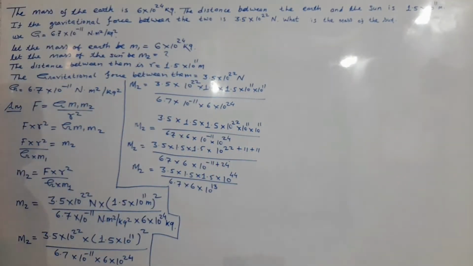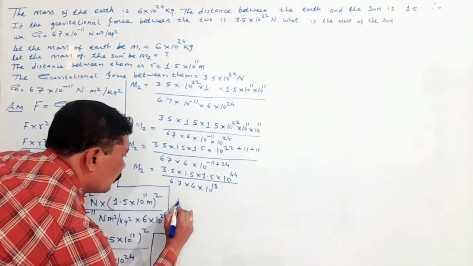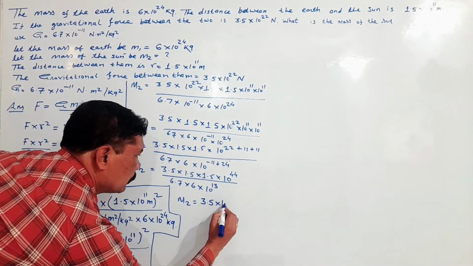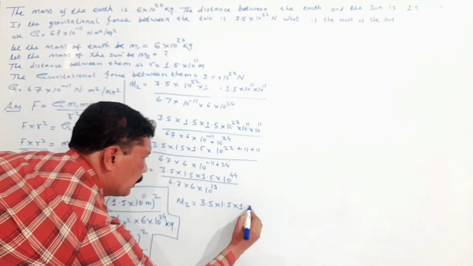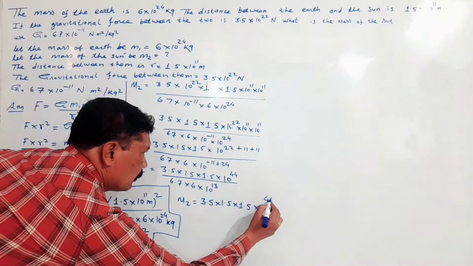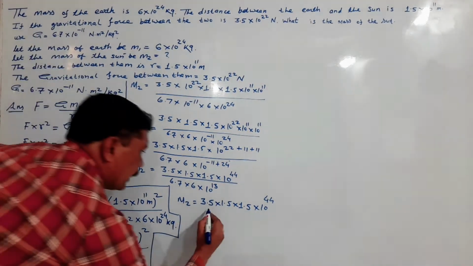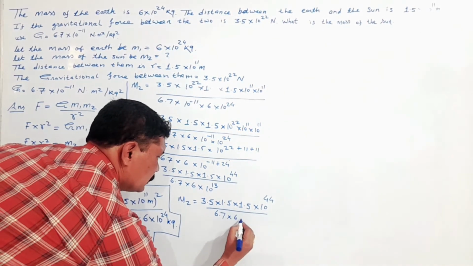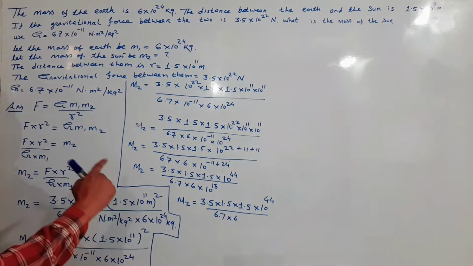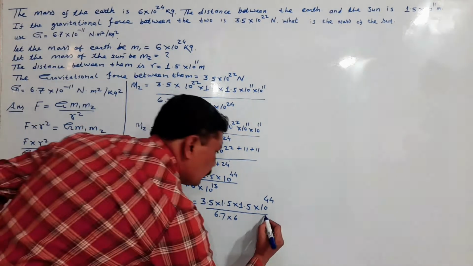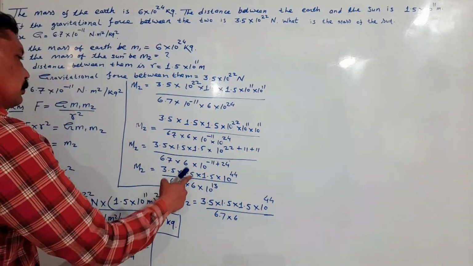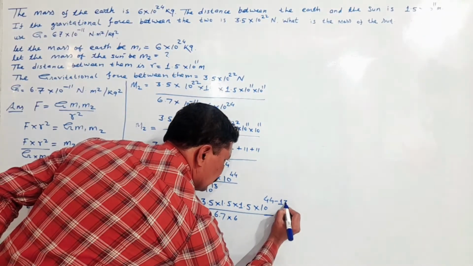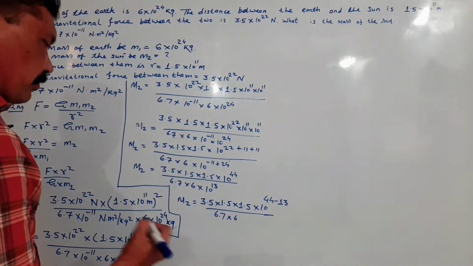So my dear student, now m2 is equal to 3.5 into 1.5 into 1.5 into 10 to the power 44 we will write, and at the denominator we will take 6.7 into 6, and 10 to the power 13 we will take at the numerator, so plus will become minus, so 10 to the power 44 minus 13 we can write.